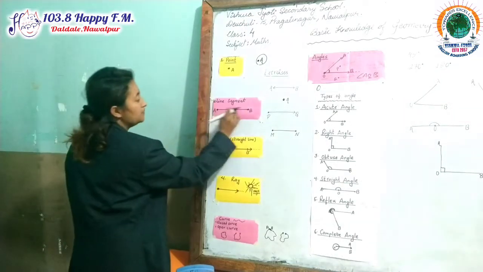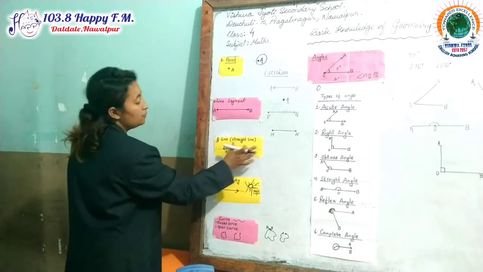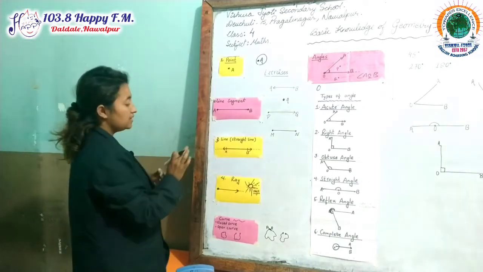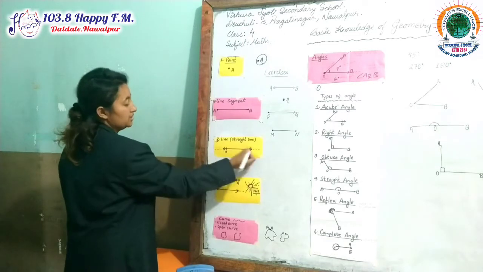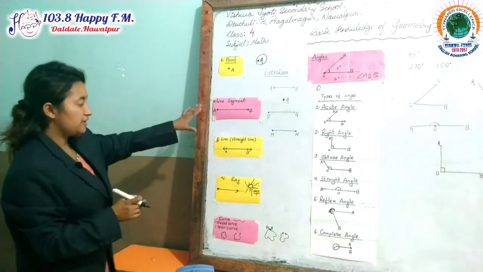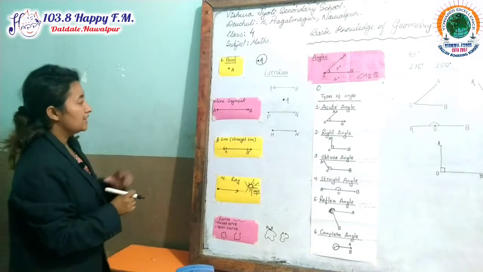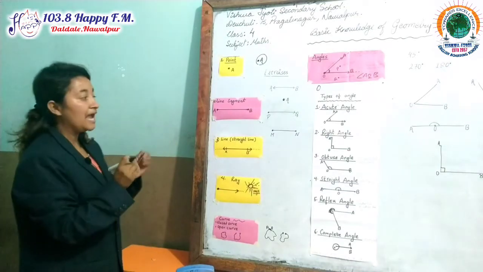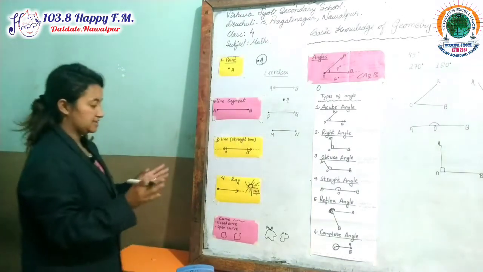A line segment cannot be extended, but a straight line can be extended from both of its ends. It does not have a fixed length. We can extend it from both ends. That is the difference between a line segment and a straight line.